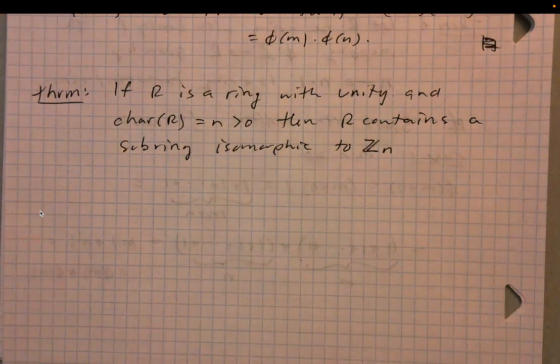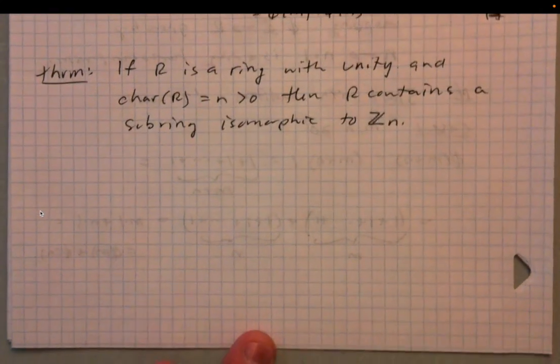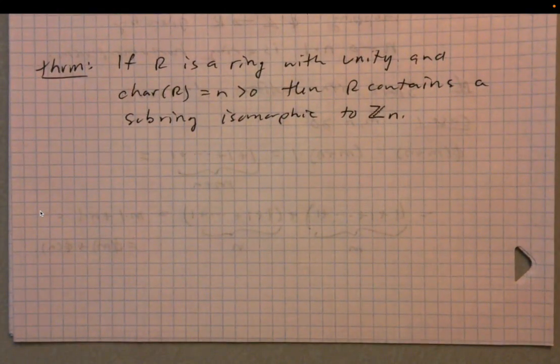Right, so let's pause. There's a second part to this, but let's just think about this for a second. R is a ring with unity, so it's a ring that has a multiplicative identity, and it's got characteristic n. Then automatically this ring is going to contain a subring that's isomorphic to Zn, the integers mod n.